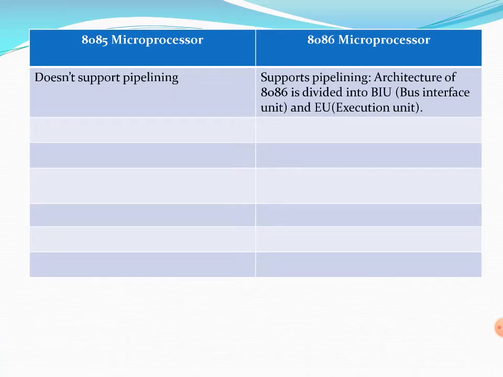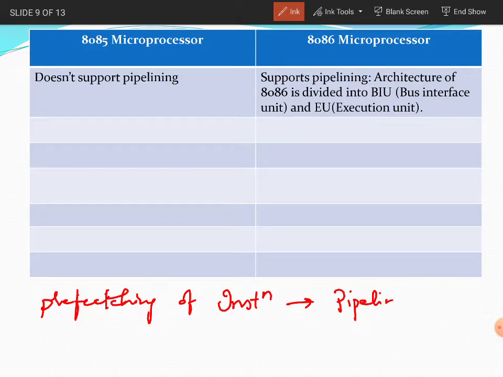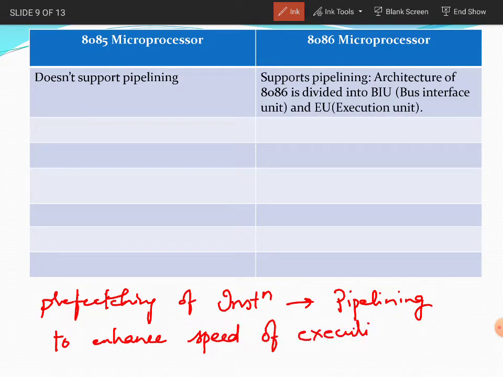Next, talking about the pipelining concept. What is pipelining actually? Prefetching of the instruction is known as pipelining. And why do we go for pipelining? To enhance the speed of computation or speed of execution. So pipelining is one method which is used to enhance the speed of execution.